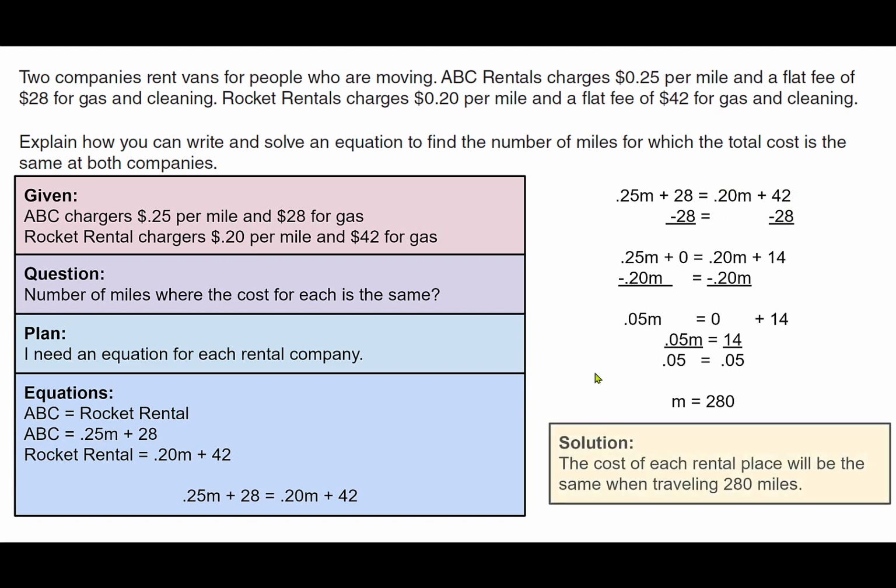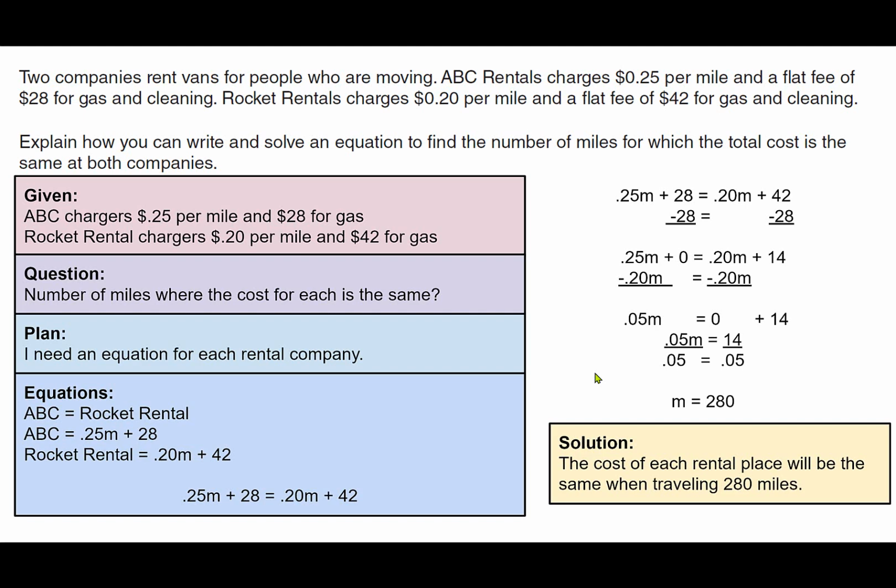Lastly, I want to state that solution in a way that tells my teacher I understand what I've just done. The cost of each rental place will be the same when traveling 280 miles. Remember what you learned about checking for reasonableness. Does it make sense that that's a reasonable amount of miles that people may travel?